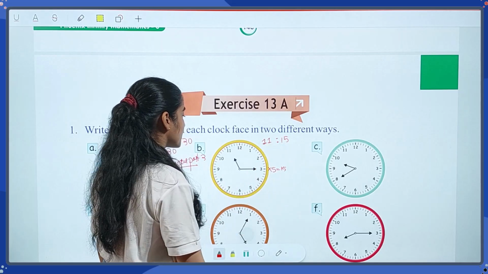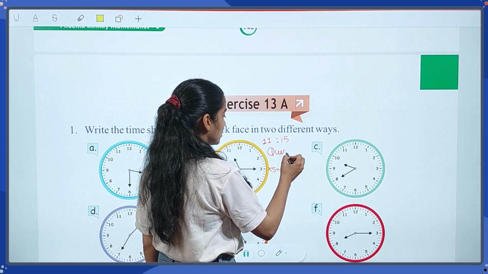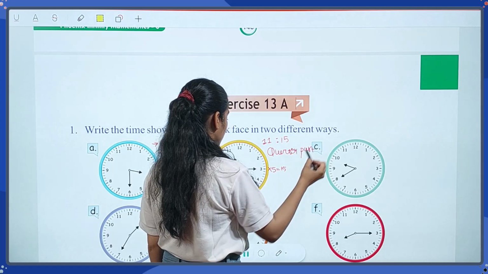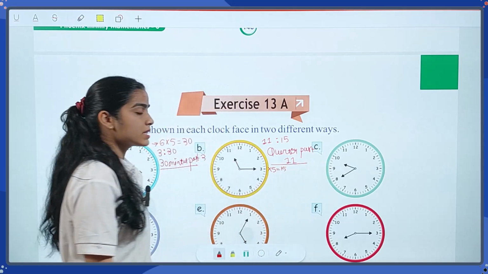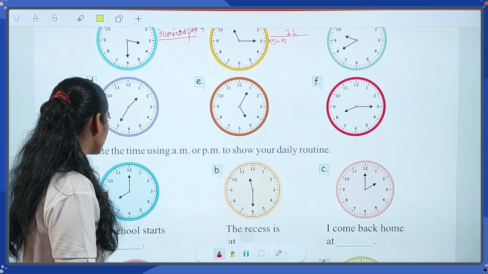And how can you represent it? You can represent it as quarter past 11. Okay. In the same way as I do, you can represent the rest of the timings in your clocks.